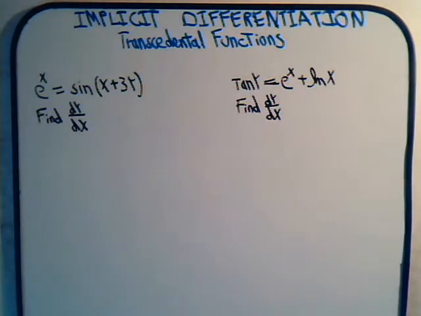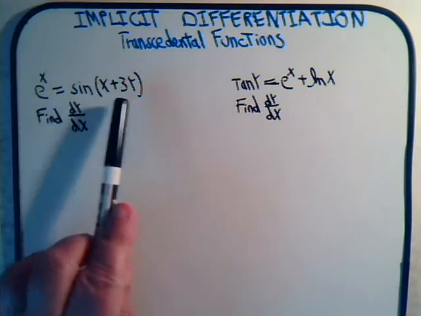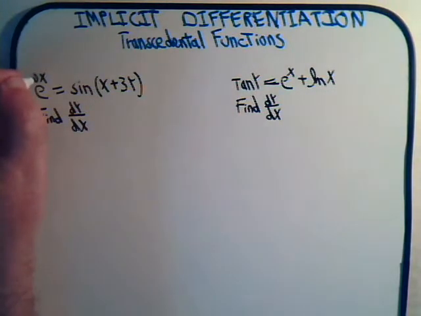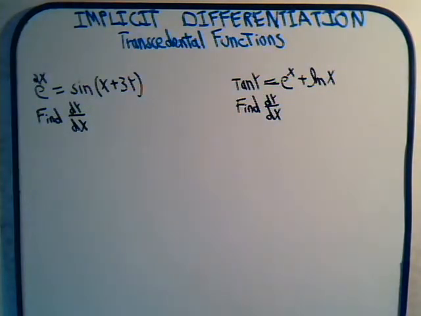So, for these examples, we do what we've been doing all along, going through the equation and taking derivatives of both sides of the equation with respect to x. And matter of fact, let's make it a little bit more challenging. Let's make it e to the 2x power.